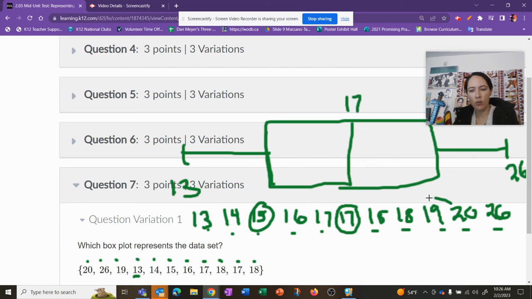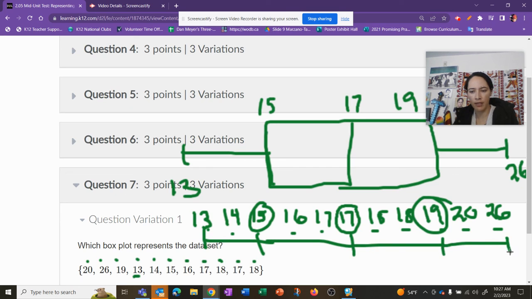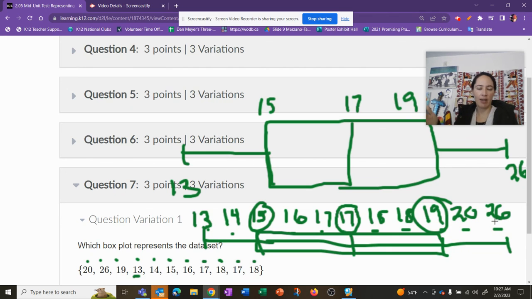Why is it 15? Why is it 19? What's going on here? We have our min, our Q1, our median, our Q3, and our max. Now the box plot will not look like this, because my data is evenly spaced, but a box plot is over a number line.